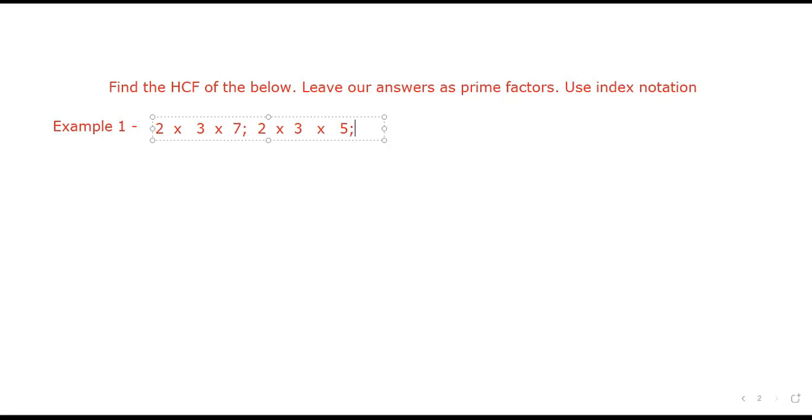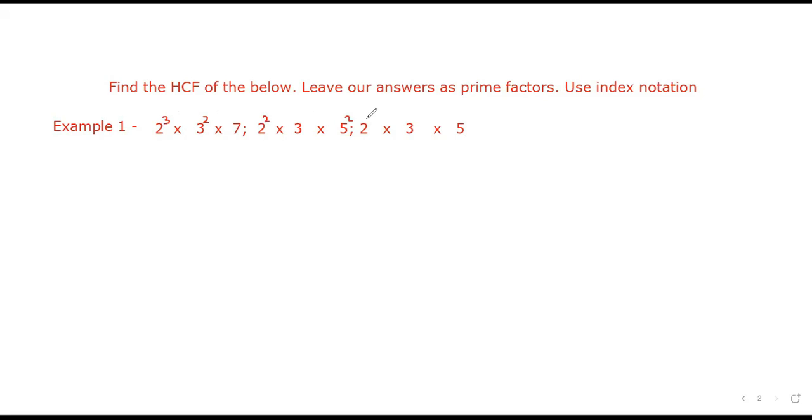We have a separator, is it a semicolon? I'm not sure what it's called, but that is used to separate those numbers. So you have 2 times 3 times 5. Now, I think there are powers on them. So you have here 2 raised to power 3, and there 3 raised to power 2, and then you don't have anything there. So you have here 2 raised to power 2, and then 5 raised to power 2.